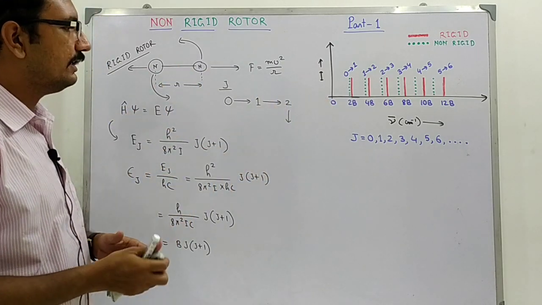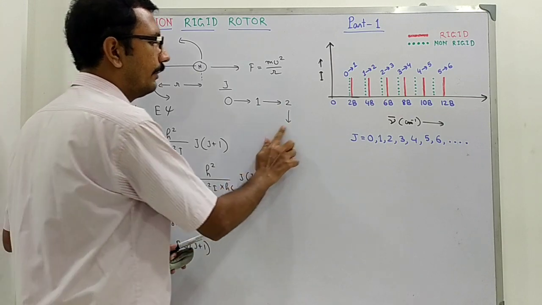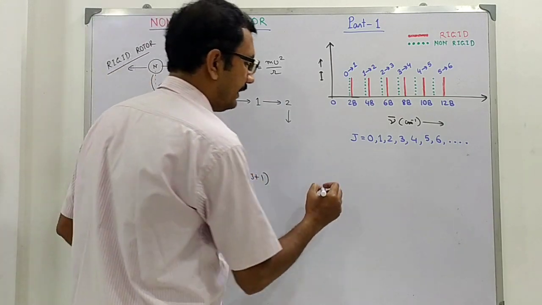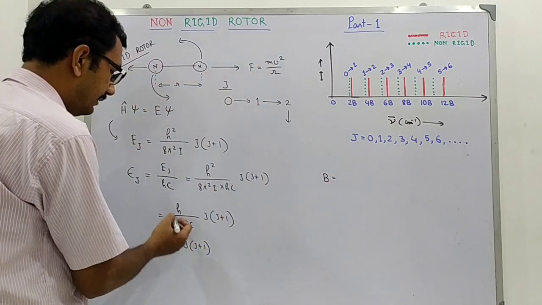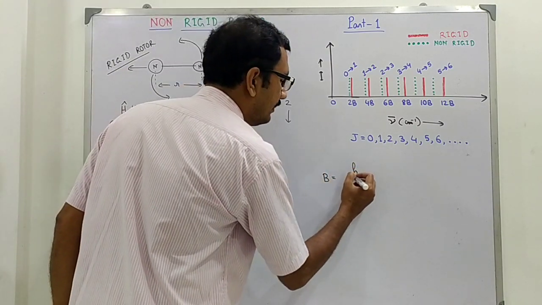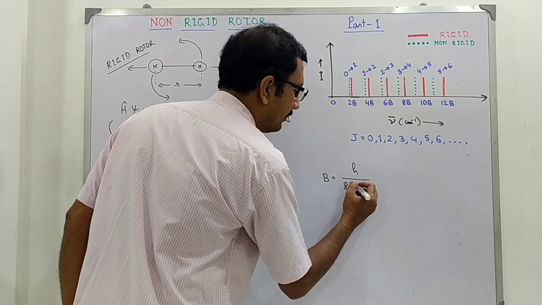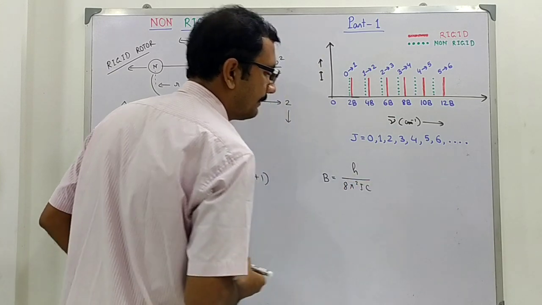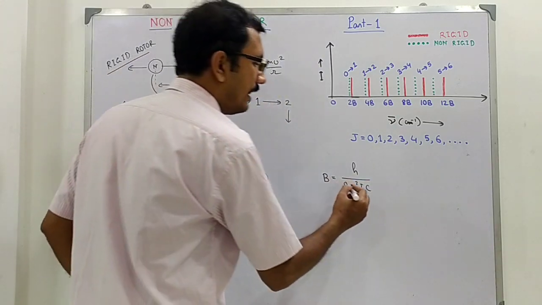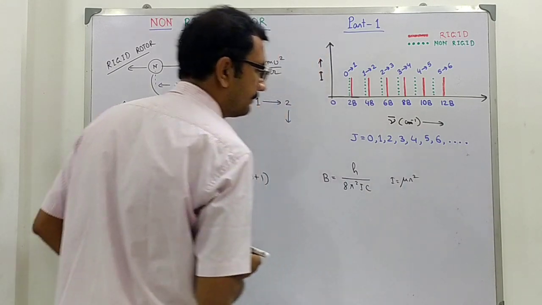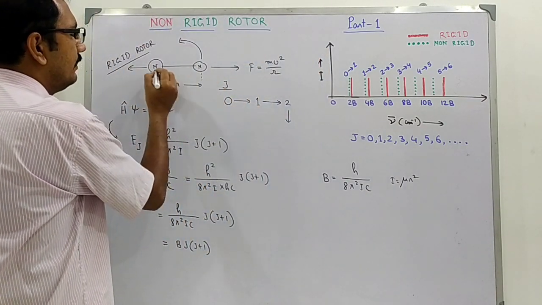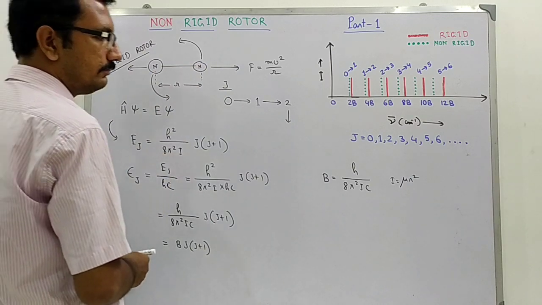Now, what effect will this bond length have? The rotational constant B is defined as h upon 8 pi square I C, and this I is the moment of inertia, mu r square, where r is the internuclear distance.